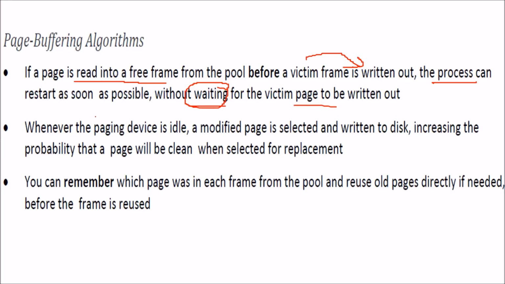The buffering is to avoid this waiting time. Whenever the paging device is idle, not doing any work, a modified page is selected and written to the disk, increasing the probability that the page will be clean when selected for actual replacement. You can also remember which page was in each frame of the pool and reuse the old page directly if needed, before the frame is reused, of course.